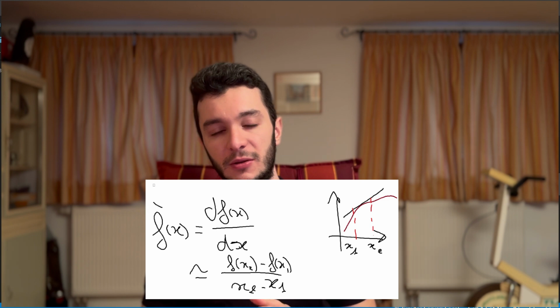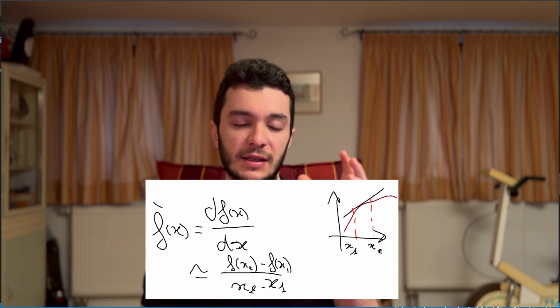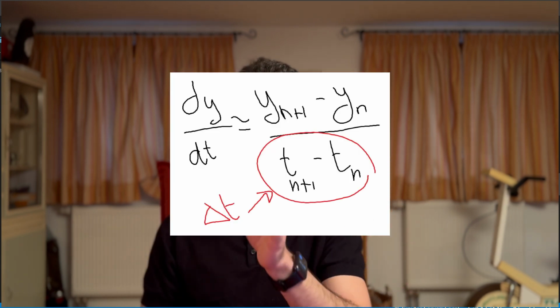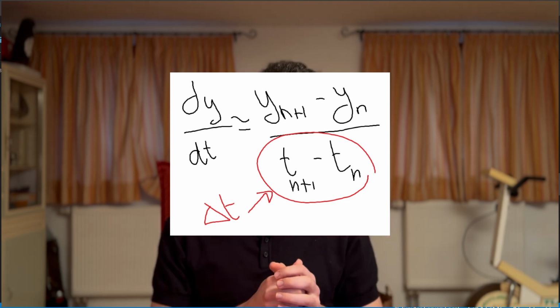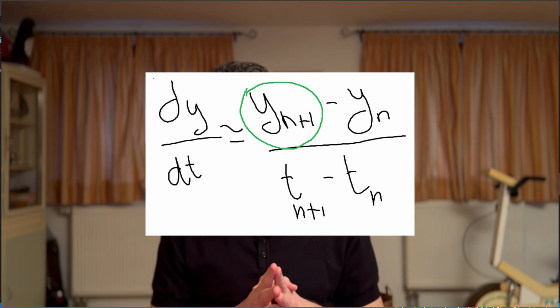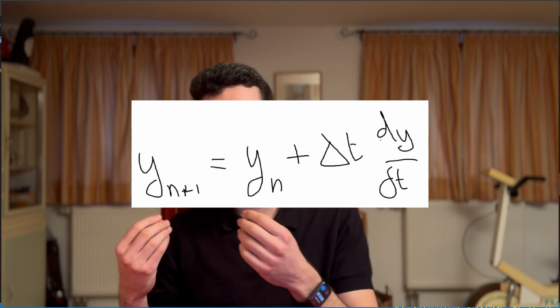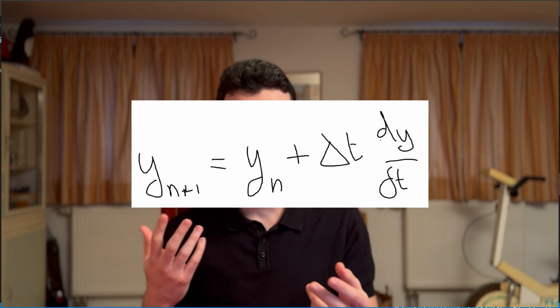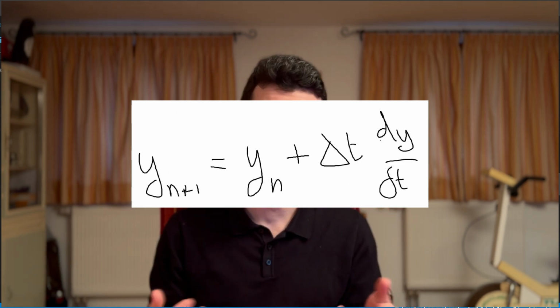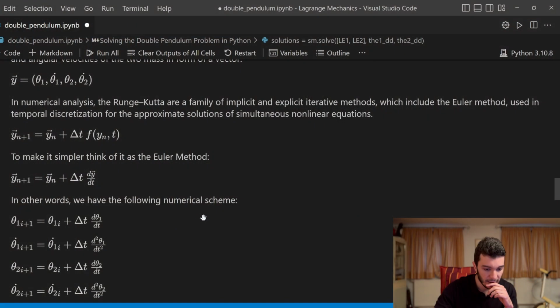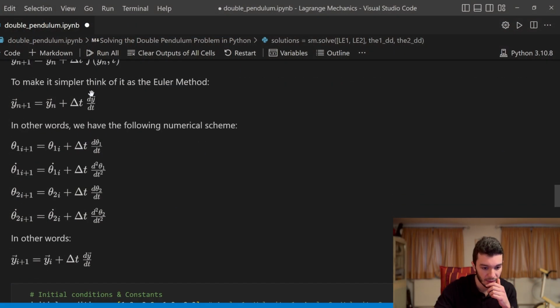You know how we usually approximate these first order derivatives with, let's say, y(n+1) minus y(n) divided by dt. Now we can express y(n+1) as being equal to y(n) plus dt times the derivative. This is also called the Euler method. In other words, we have the following numerical scheme.